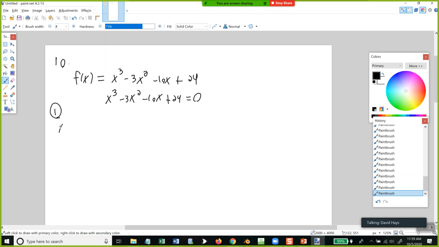Well, let's do that. We'll take our x minus 2, set it equal to 0, and solve it, and we get x equals 2. Largest power is x to the third, so across the top I'll write x to the third, x squared, x, and no x. So we got 1, negative 3, negative 10, 24.